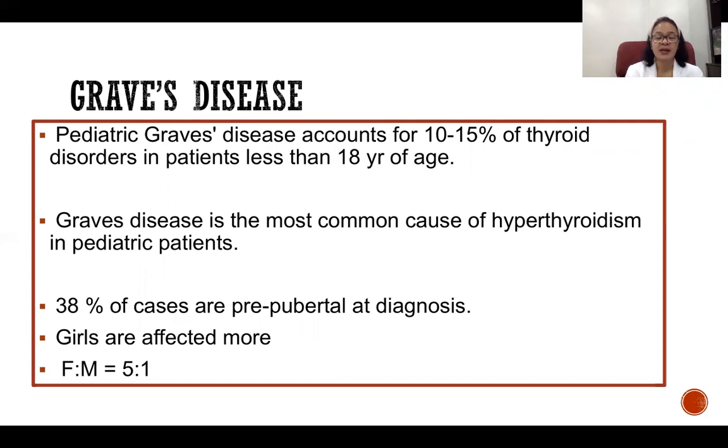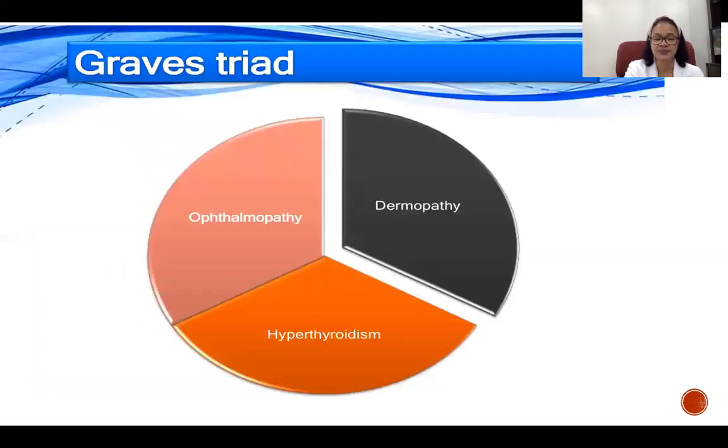But with regards to hyperthyroidism in general for pediatric patients, Graves' disease is still the most common cause. And 38% of cases may occur before puberty. The diagnosis can be done as early as the pubertal period, and it's more common in girls than in males.